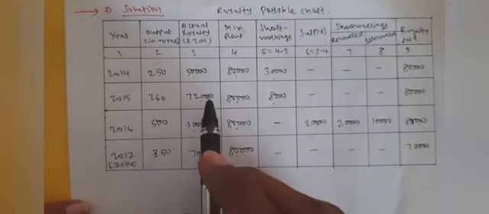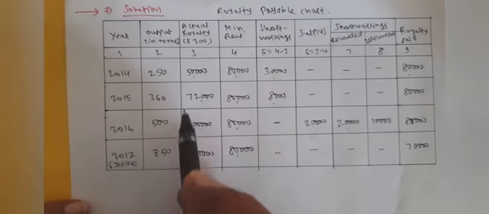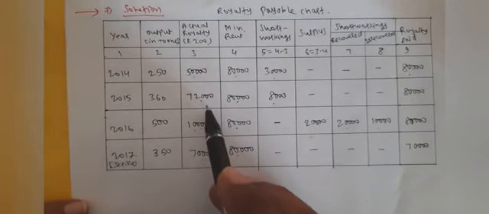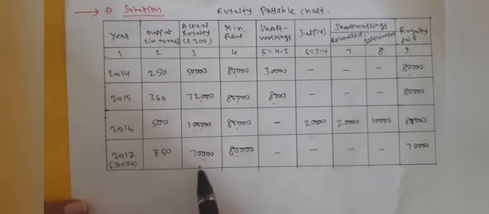Here we have to see only this column, actual royalty. So 50,000, 72,000, 1 lakh and 70,000, these amounts should be recorded here.